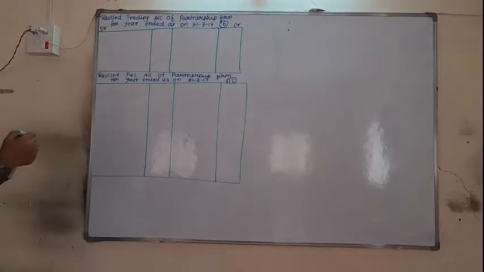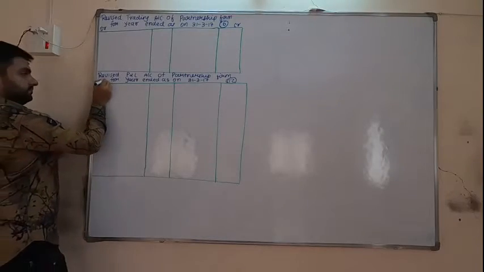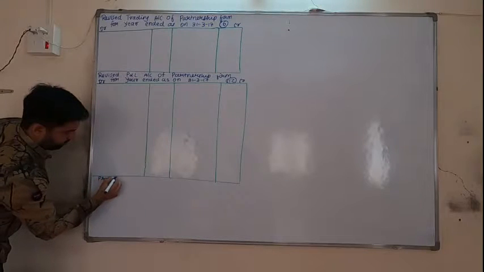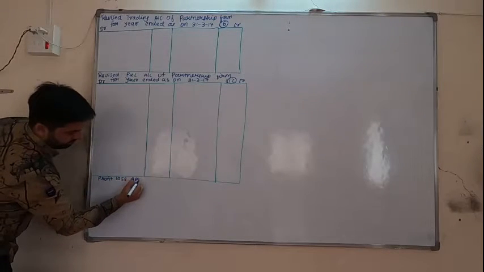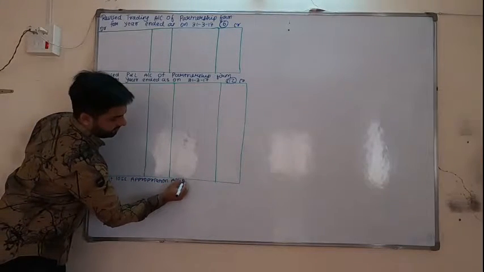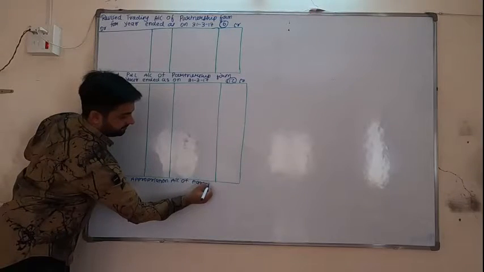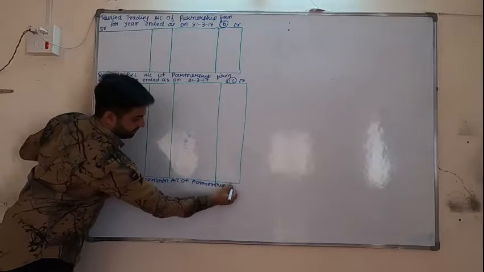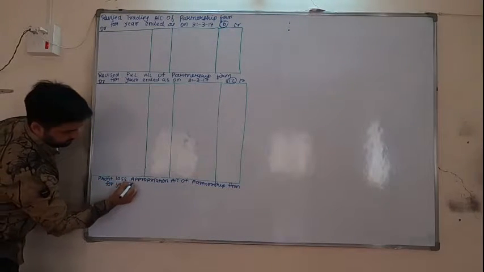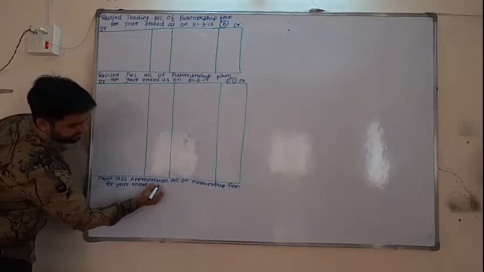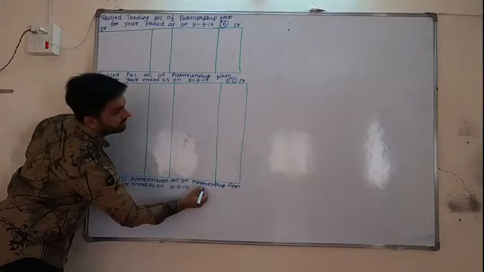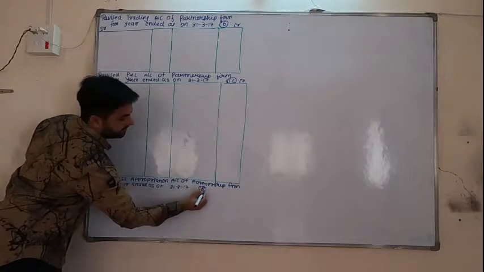After that, the P&L appropriation account of the partnership firm for the year ended on 31/3/17, it will require I think 8 lines. Okay, 8 lines.